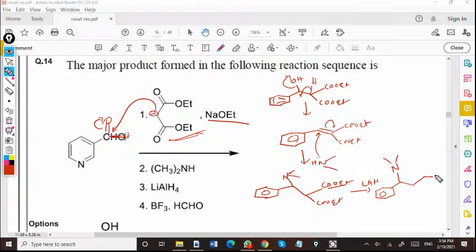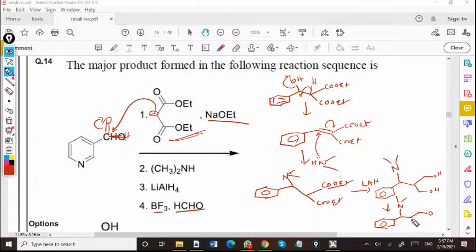So it will become CH2OH and CH2OH. Once this gets treated with the Lewis acid in presence of aldehydes, it will form the diol protection or cyclization with the aldehydes.